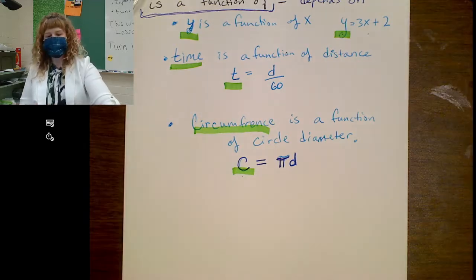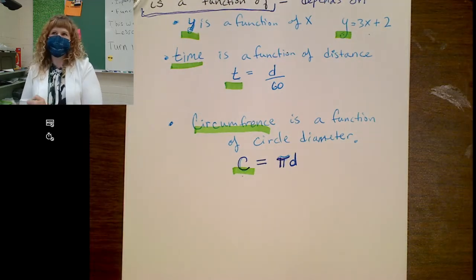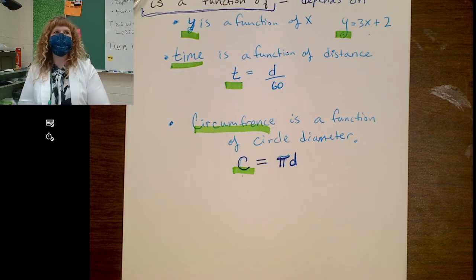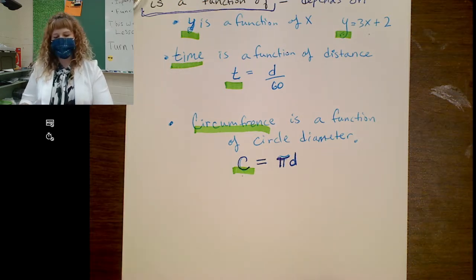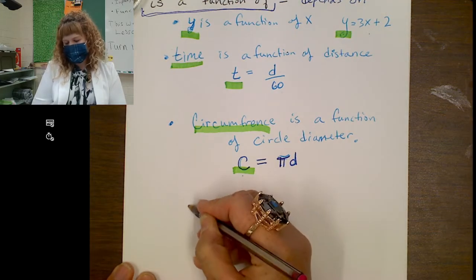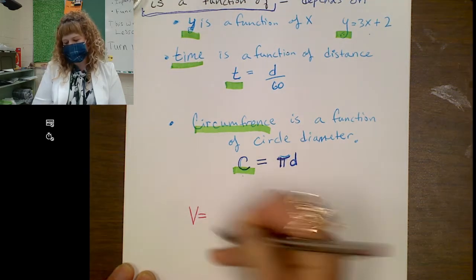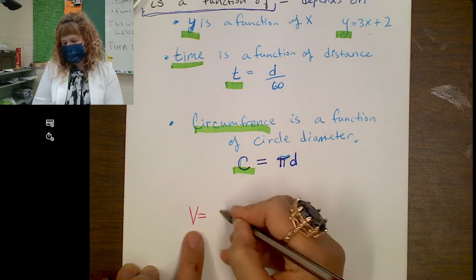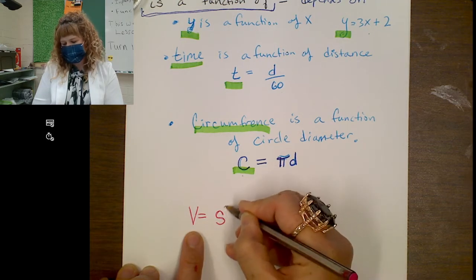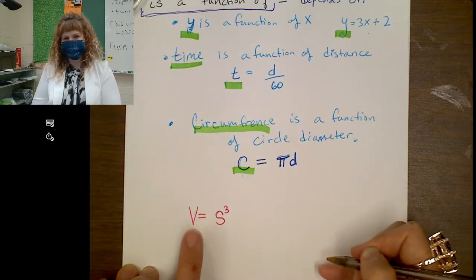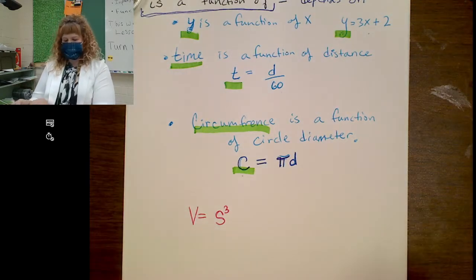So in your homework assignments, when they say something like, the time is a function of distance, you know time comes first. Or if they say the volume of a cube is a function of the side length, write an expression, then you know the volume of the cube comes first. The volume of the cube depends on the side length, which would be side length cubed. You'll see that later in your assignments.